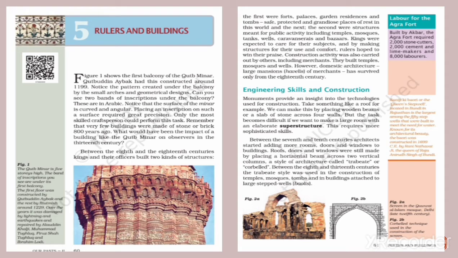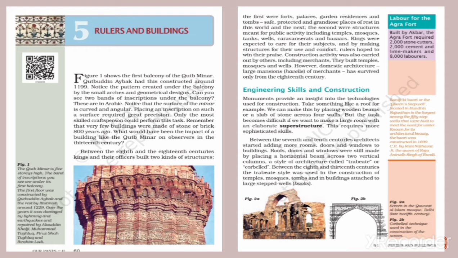So, let's see. Between the 8th and 18th centuries, kings and their officers built two types of structures. Structure number 1: forts, palaces, gardens, residences and tombs.